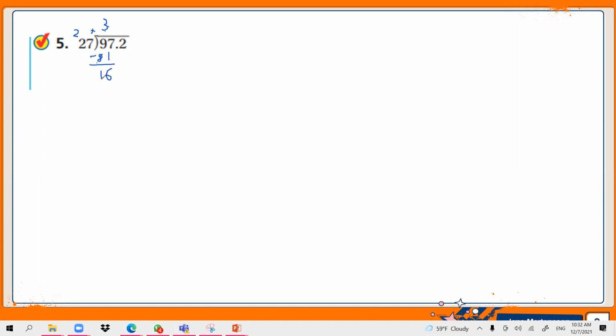Bravo. Yes. Then what do you have to do next? Before that, what do you have? Something small. Add the decimal point. Bravo. Then you will bring down 2. Then how many 27 in 162?